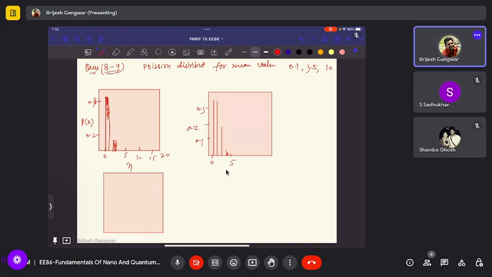Similarly, it is given like 0, 5, 10. The maxima goes to here, and then it is decreasing at this side, and also decreasing at this side.